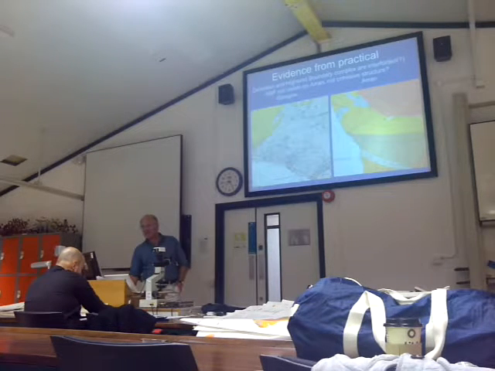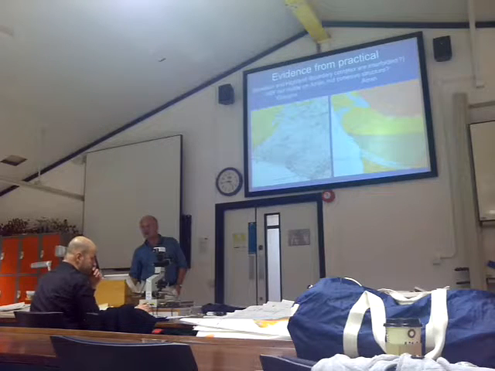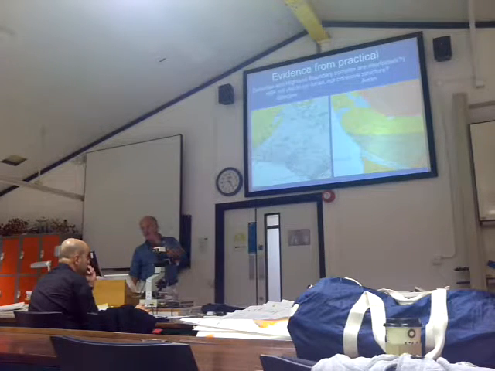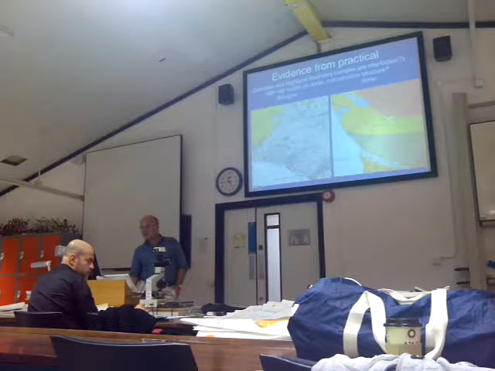Evidence from the practical. There is the Glasgow map showing the interfolding, or apparent interfolding, of the Highland Border Complex in grey and the Dalradian. This implies a fold plunging to the northeast. But outcrop is very, very thin in that area, so whether you believe that or not, that's up to you.